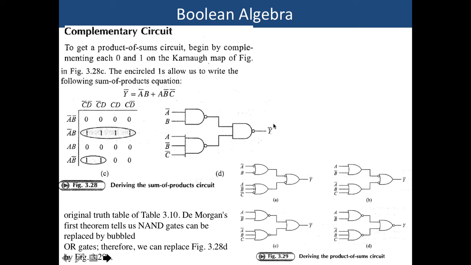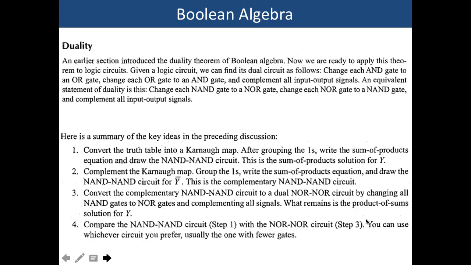If we use the dual theorem, we can directly write this equation in this form. We only put the complement, like here A B bar B C. Instead of NAND, we will write NOR if we use the dual theorem, which we will use later. Duality.